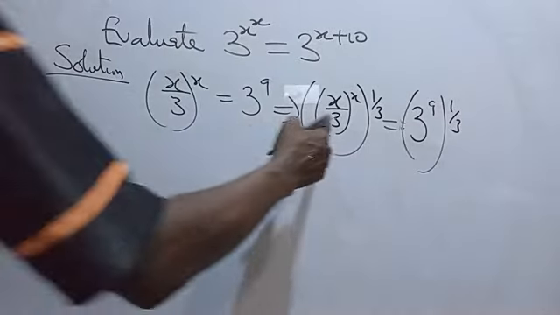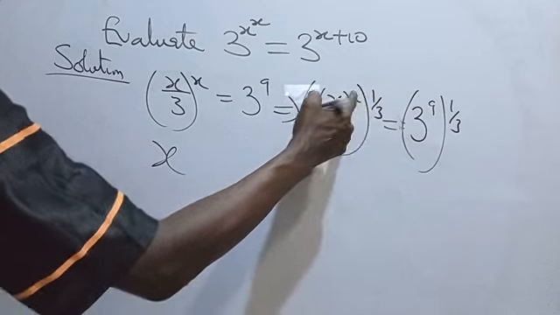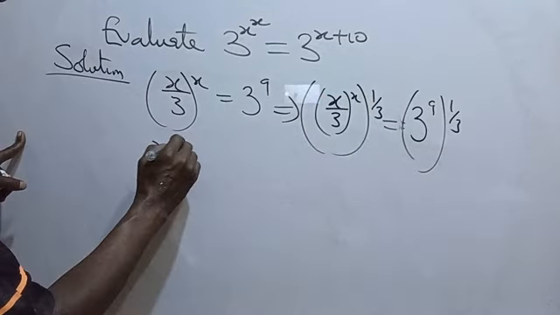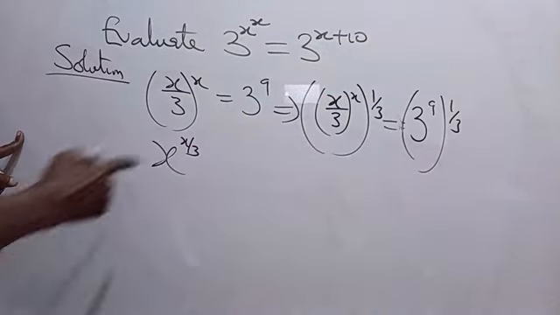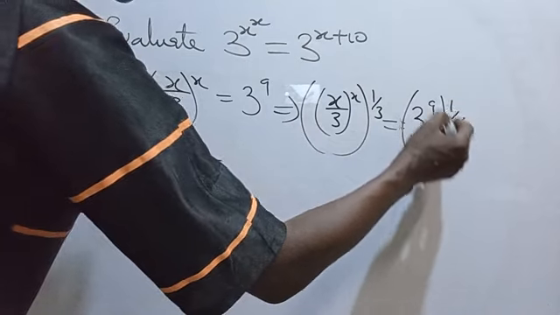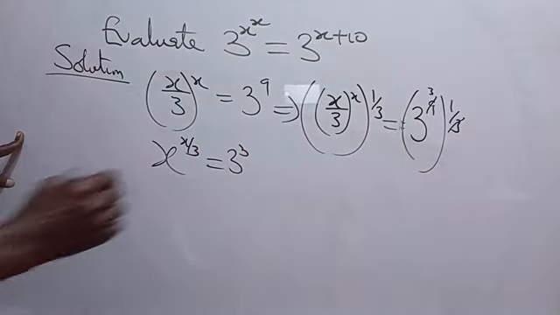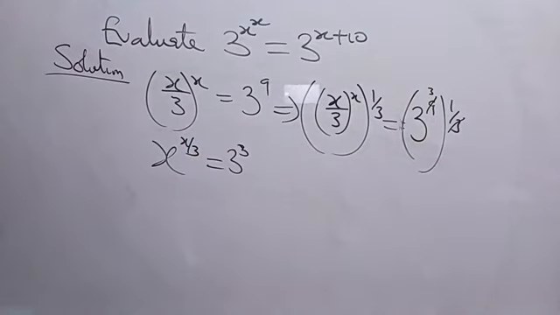Fine. So by the time we expand it, according to the law of indices, we have what? x raised to x times 1 over 3, x raised to x over 3, is now equal to, we cancel this, so we have 3 left. Okay? Yes. Now, we have that.